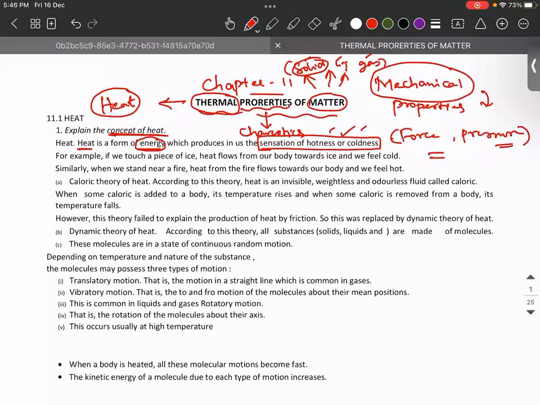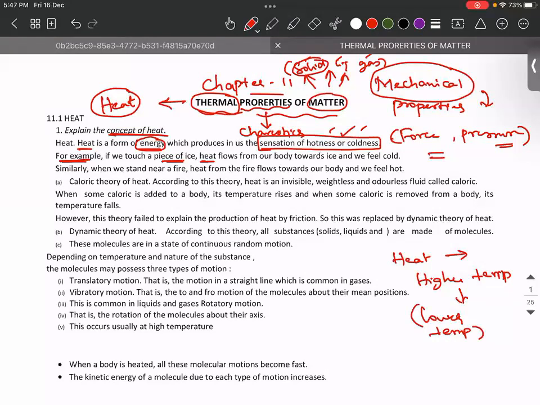See, these are all examples that you already know. For example, if there is a piece of ice and we touch it, what is going to happen? Heat is going to flow from where to where? That is an important question. So remember, heat always flows from higher temperature to lower temperature, right?